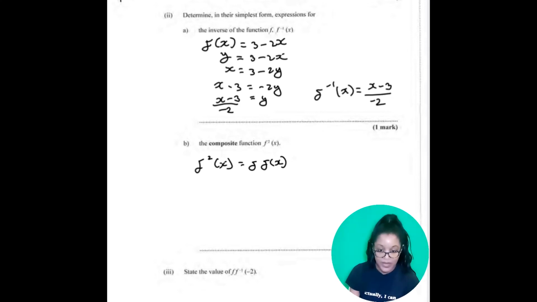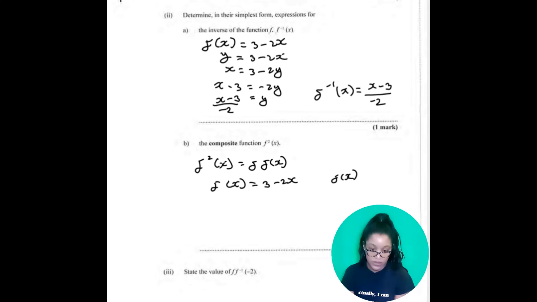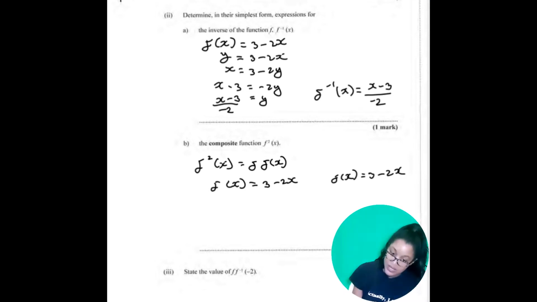So we write f of x, which is equal to 3 minus 2x. I'm writing it again just to give you a picture. f of x is equal to 3 minus 2x. So we're substituting f of x into f of x. Anywhere you see x, you're going to put f of x.